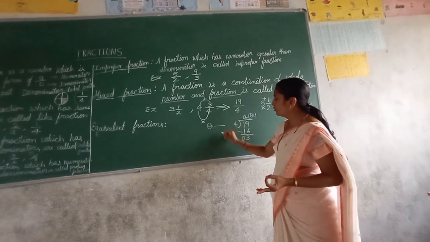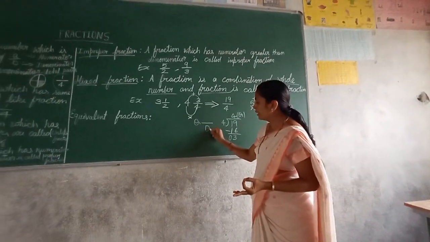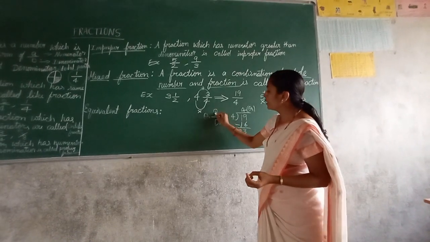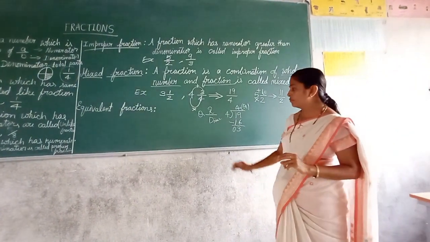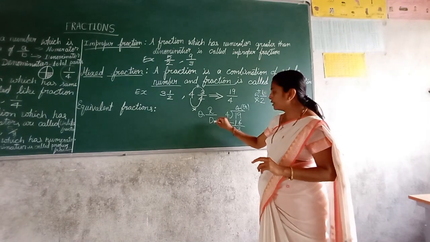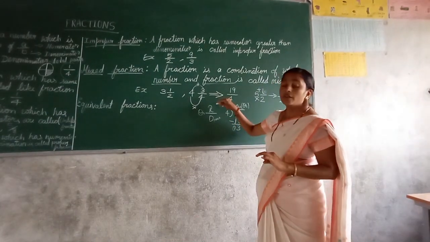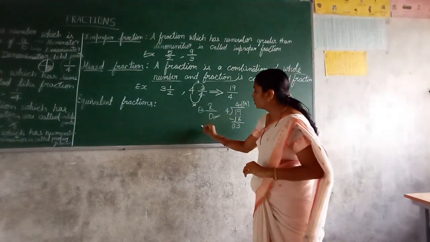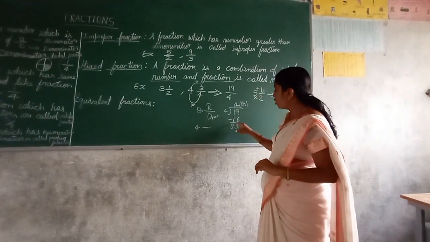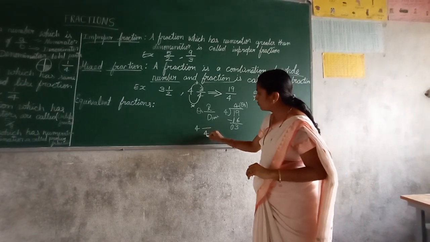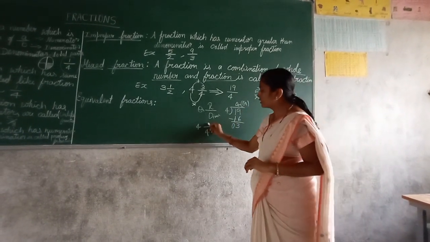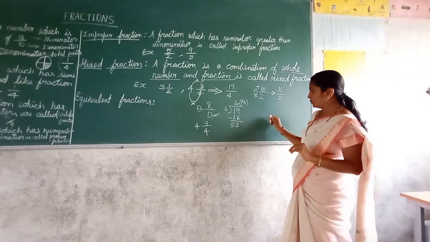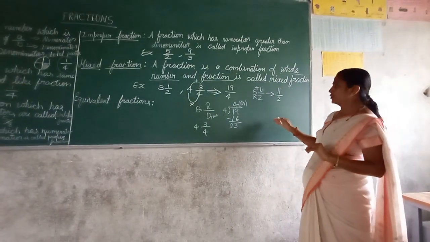Then the divisor becomes the denominator, and the remainder becomes the numerator. So I can write the quotient is 4, the denominator, which means the divisor, is 4, the remainder is 3. Again we have got the same, right? In this way you can convert.